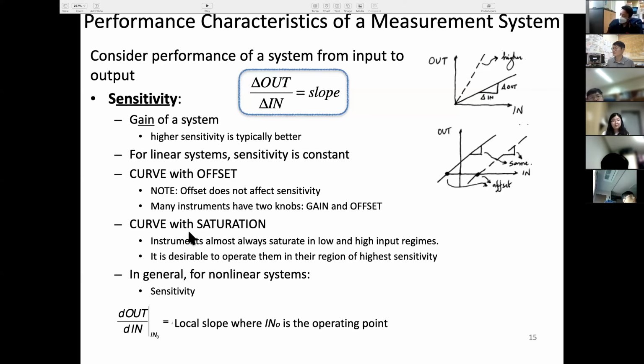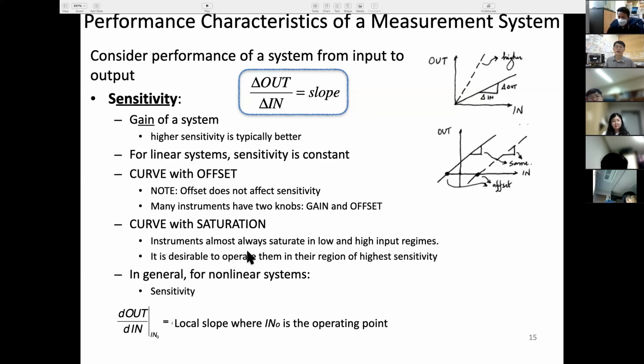However, this is just a theoretical way. We have to understand what the real physical instrument does. It won't behave exactly this way because the instrument always has saturation. For the smallest input, output, and largest output, there's always a limit.